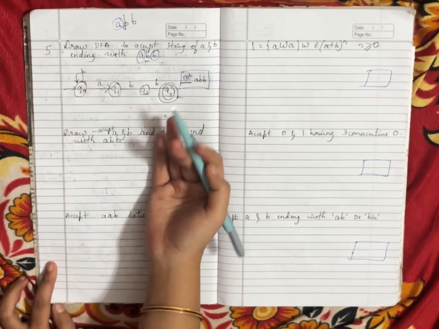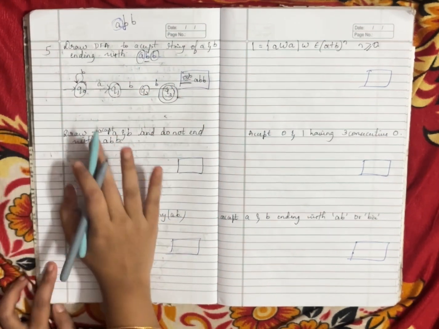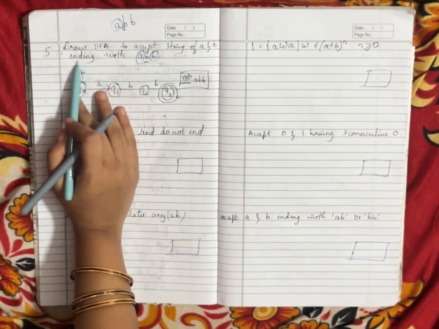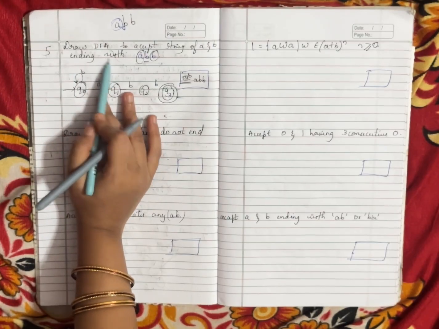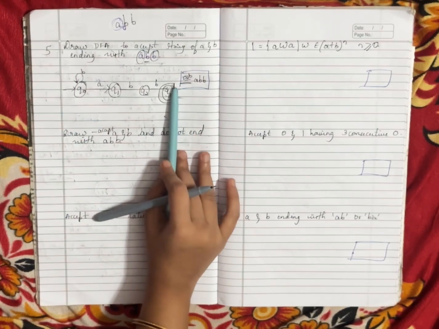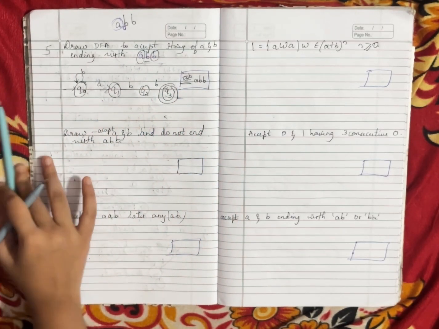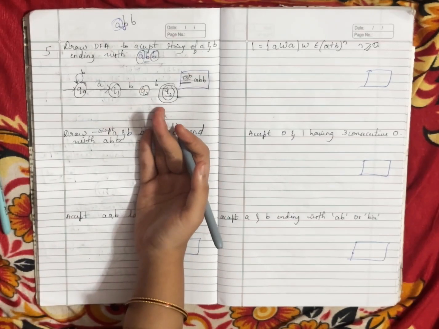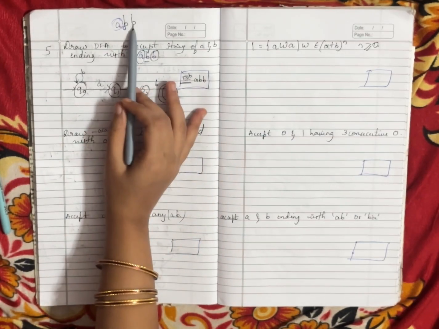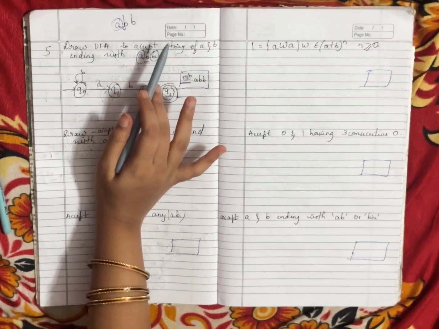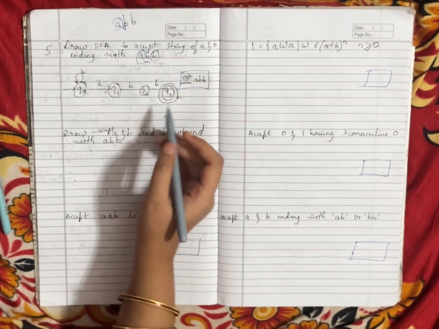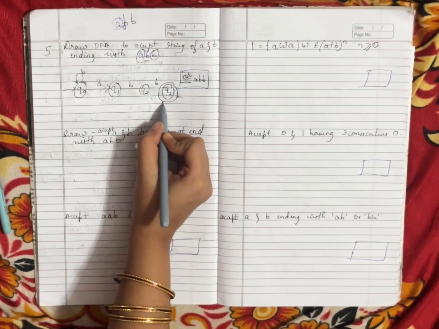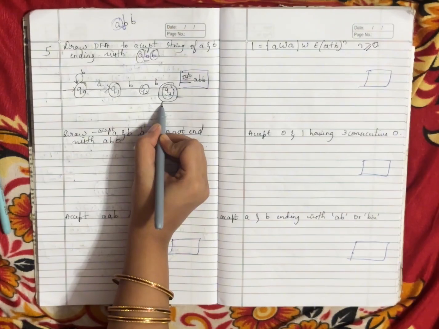But before that, we will come from reverse. Remember, whenever the question says ending with, you should check from the last letter. It should end with B, which means it cannot accept A. If A is coming, we should send it back to A itself, right?